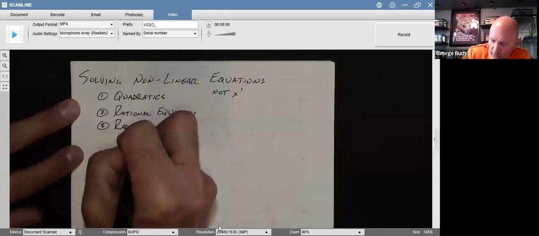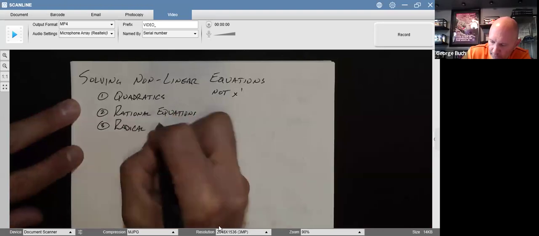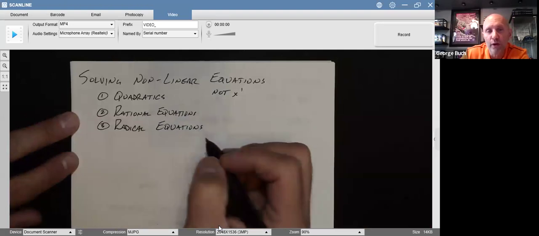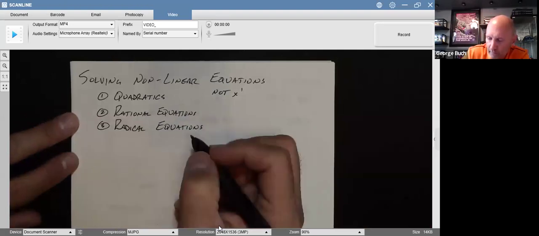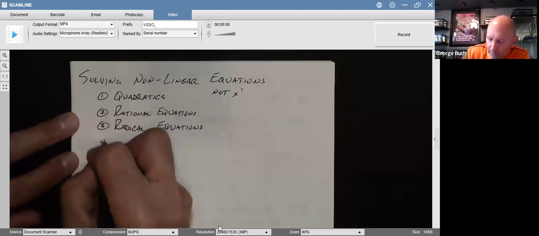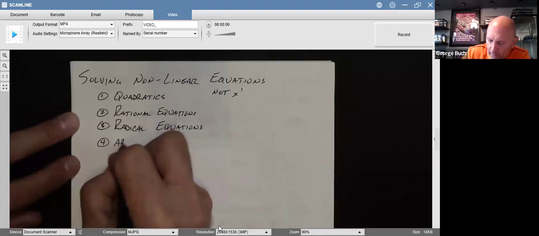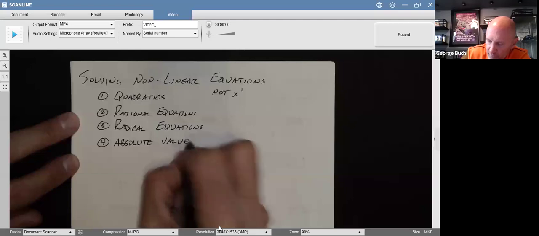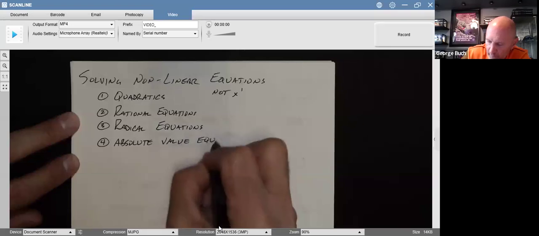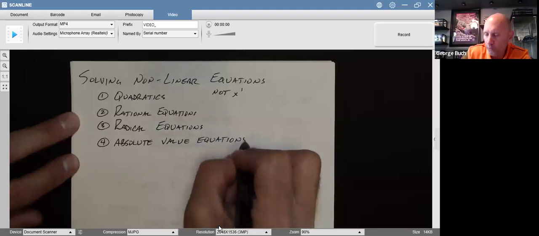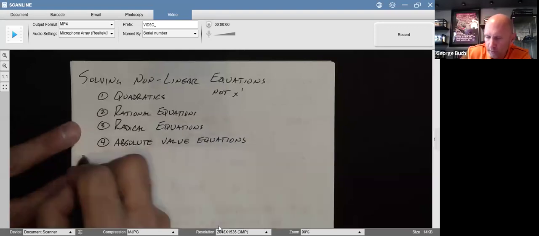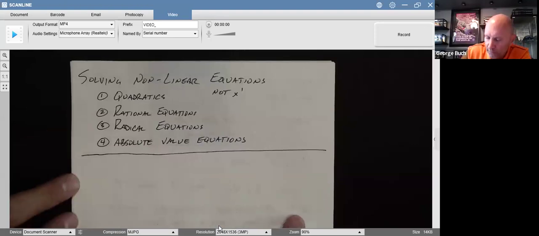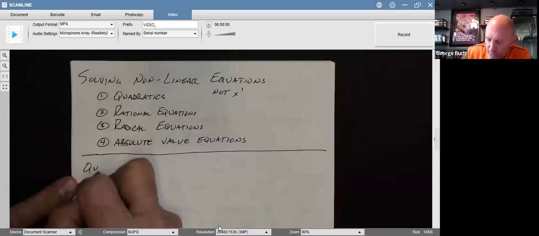We have radical equations, so an equation that has a square root. And then lastly, absolute value equations. So these four different types are what we're going to look at. First, let's look at our quadratic equations.